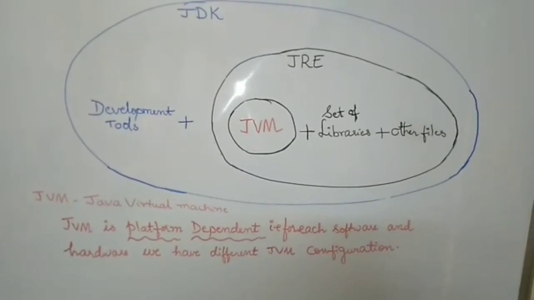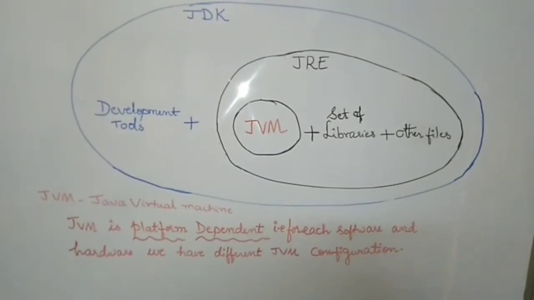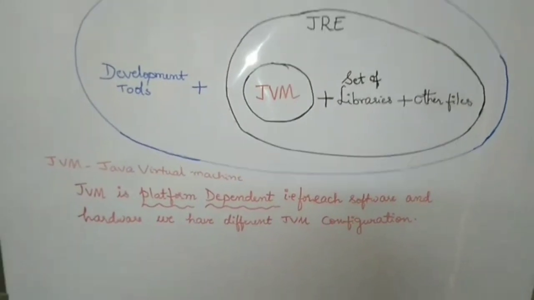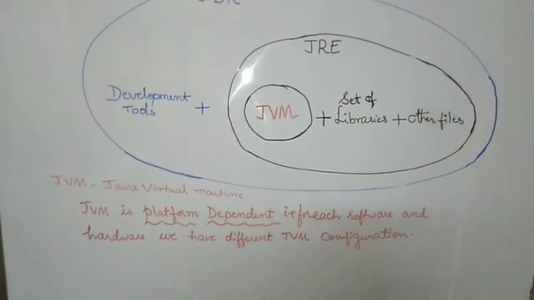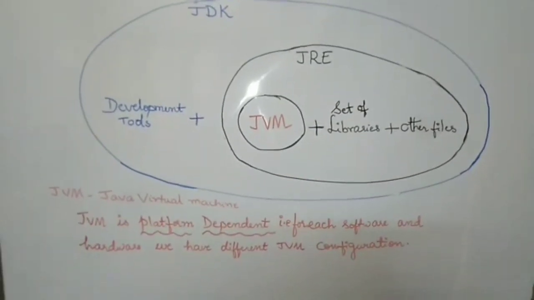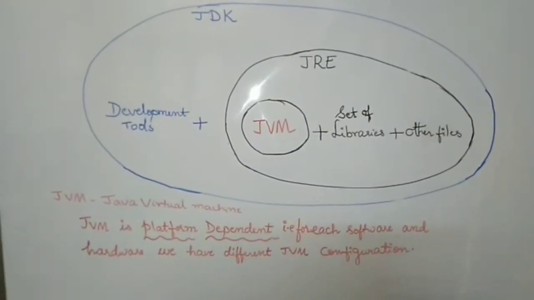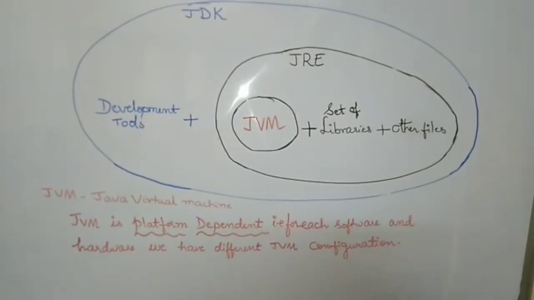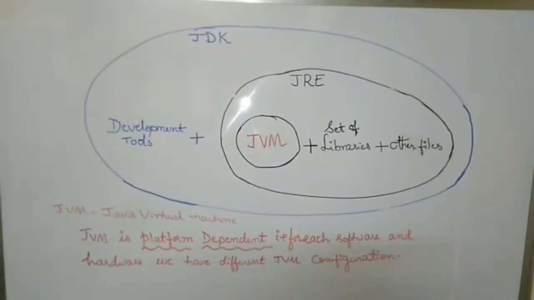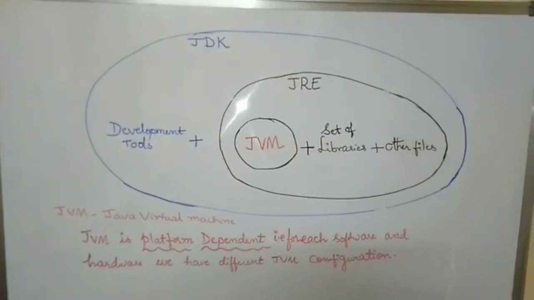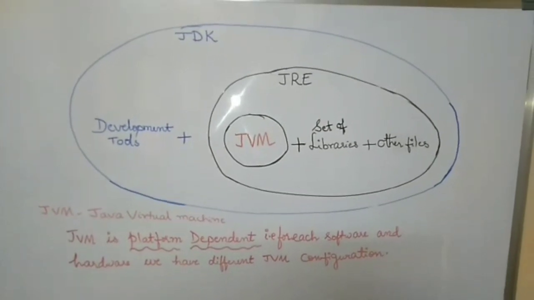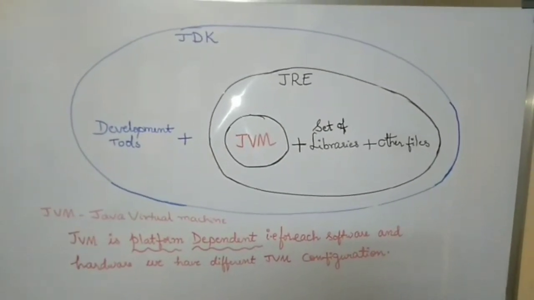So when trying to download JVM for your particular machine, you will be given a list of JVMs corresponding to the different operating systems. Say you want to run the bytecode on Windows operating system, so you need to download the Windows specific JVM. If you want to run it on Mac OS, then you need a JVM which is specific to Mac OS. So that is the reason JVM is platform dependent.